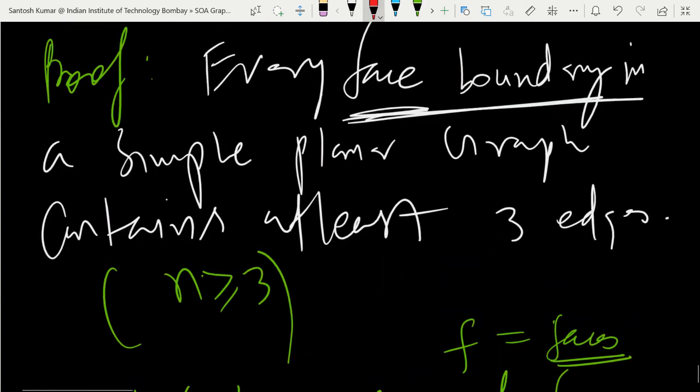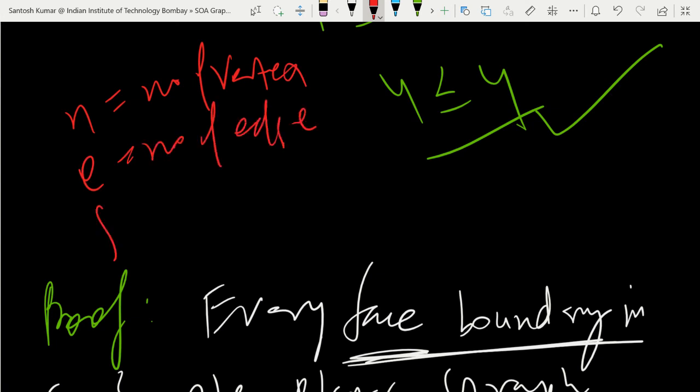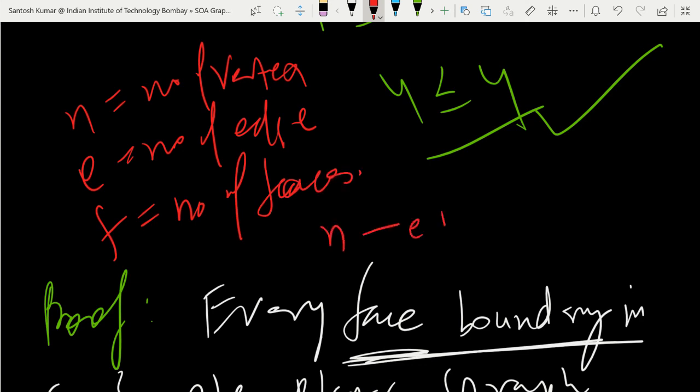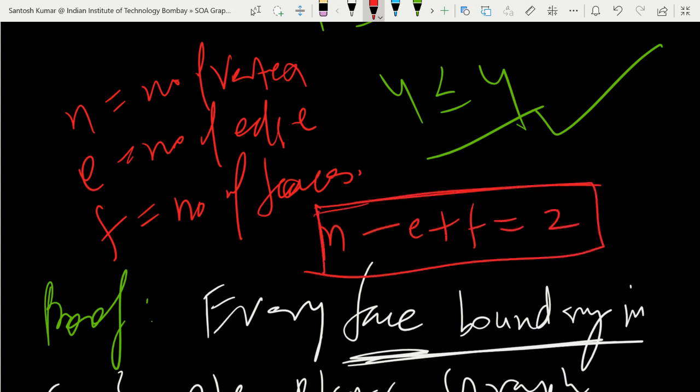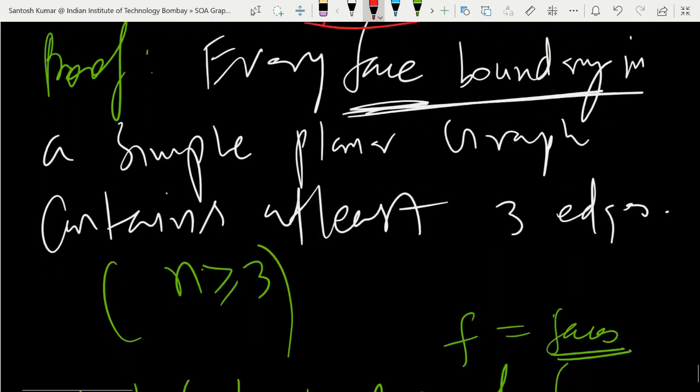So you know the notation: earlier we were using n as the number of vertices, e as the number of edges, and f as the number of faces, right? And then we had the result n minus e plus f is 2, for a connected simple planar graph. F is the number of faces.